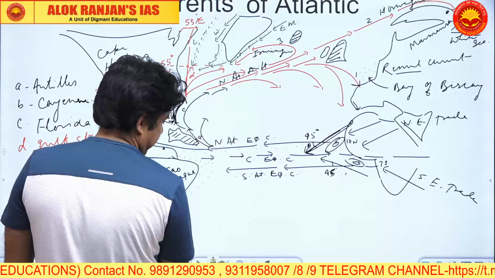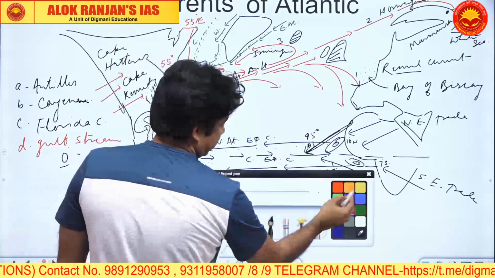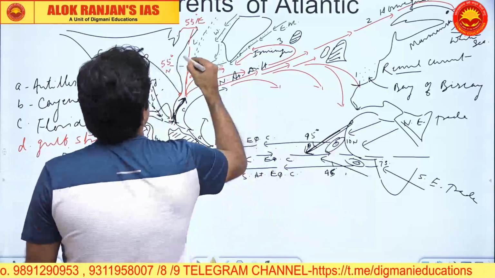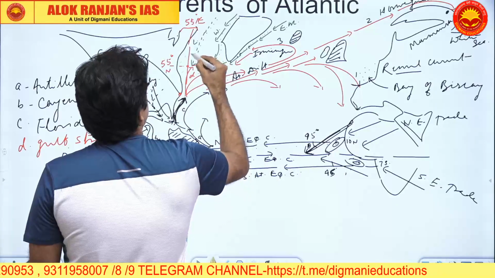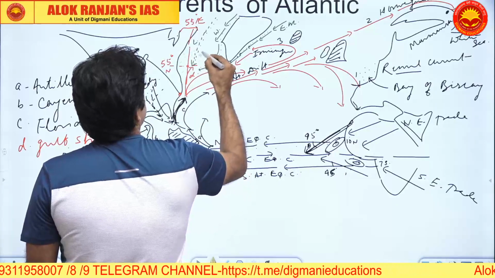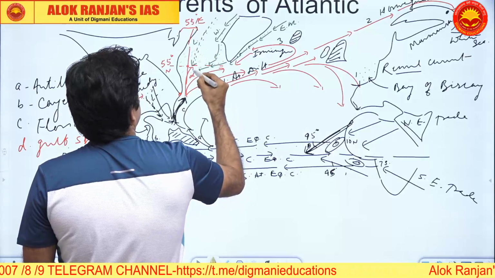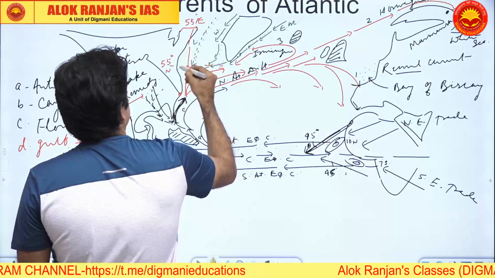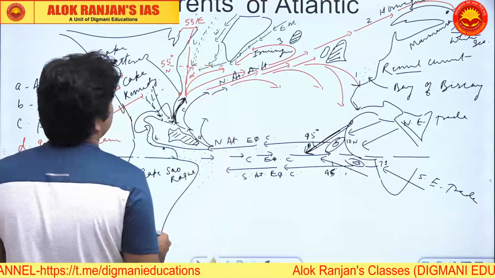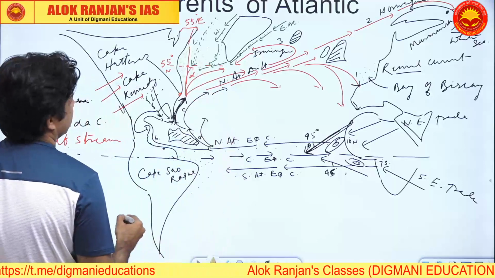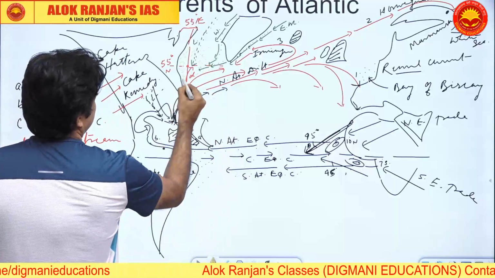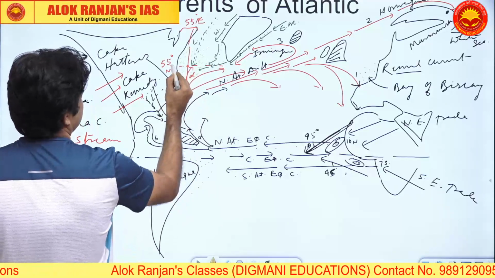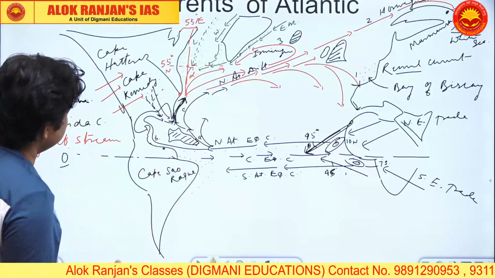which I will put in a different color, yellow color, let's see. So this entire region will have mixing of the cold and warm waters, okay, and some warm cold water will enter this zone also, south of 55 degree north.